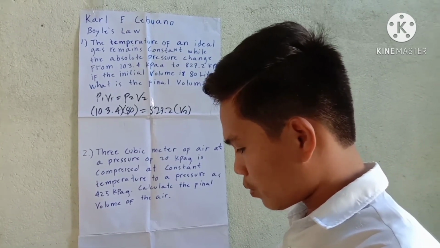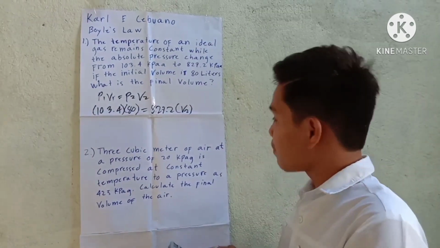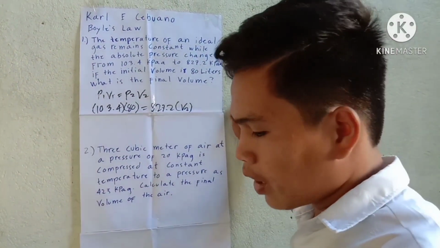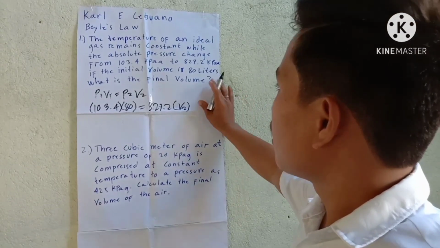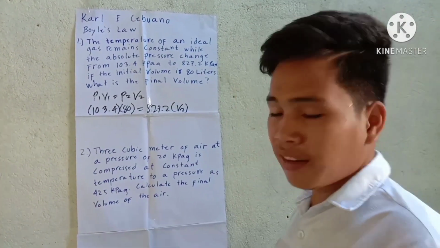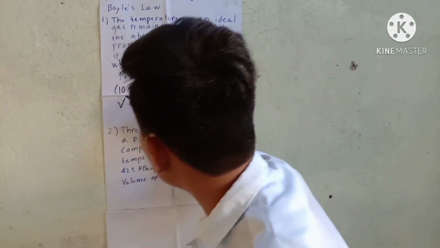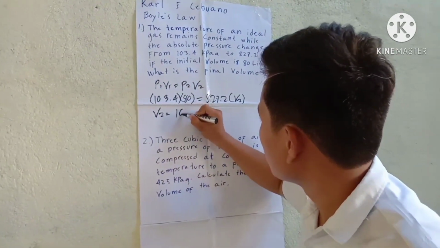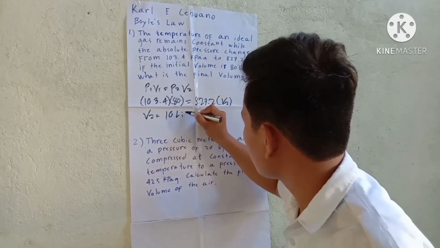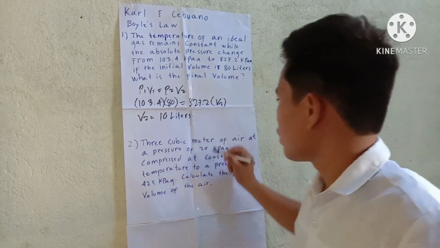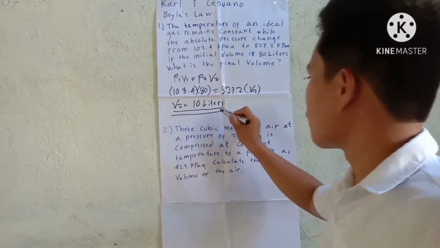Shift solve. So the final volume is 10 liters. V2 equals 10 liters, the final answer of problem number 1.